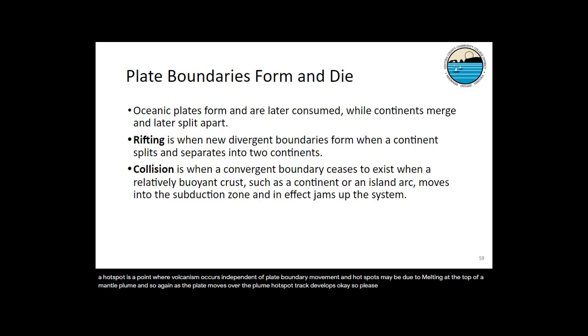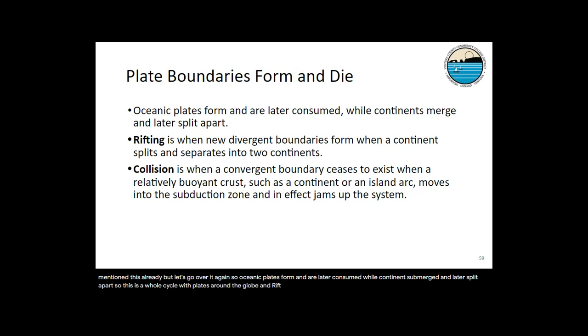Okay, so plate boundaries form and die. I've mentioned this already, but let's go over it again. Oceanic plates form and are later consumed, while continents merge and later split apart. So this is a whole cycle with plates around the globe.